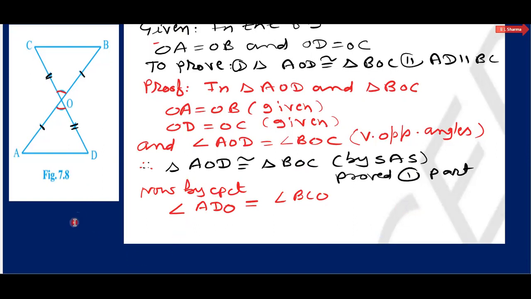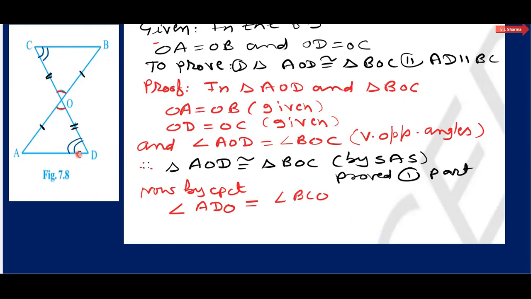But here you will see that these two angles, ADO means this angle, is equal to BCO, this angle. ये दोनों एंगल alternate angles हैं. देखिएगा, ये आपका दो लाइंस है CB and AD, और ये ट्रांसवर्सल है. BC is transversal, and this transversal is joining the two lines CB, or you can say BC and AD.